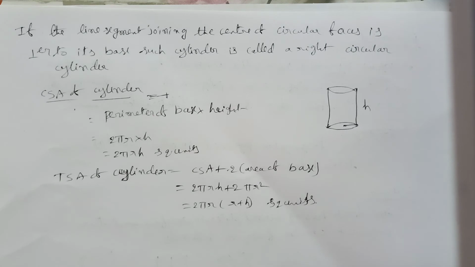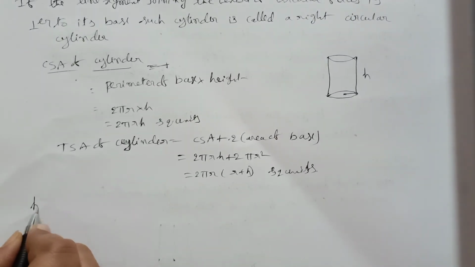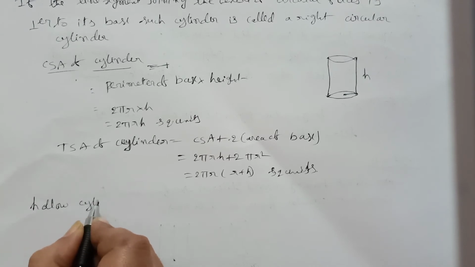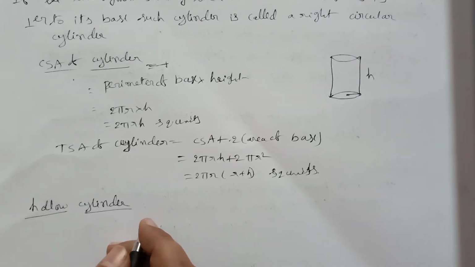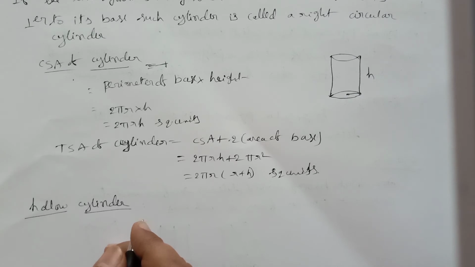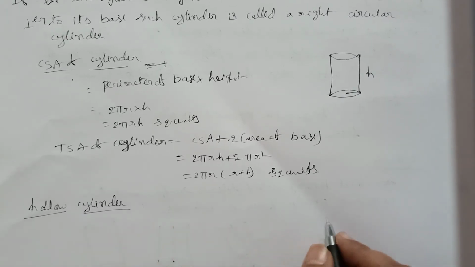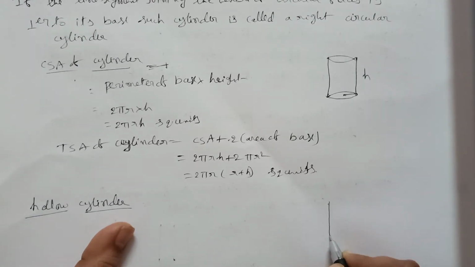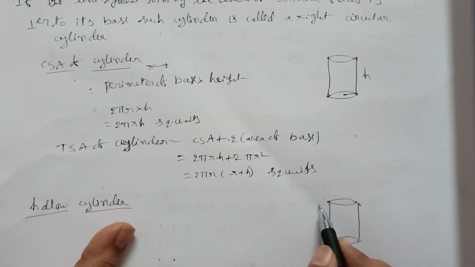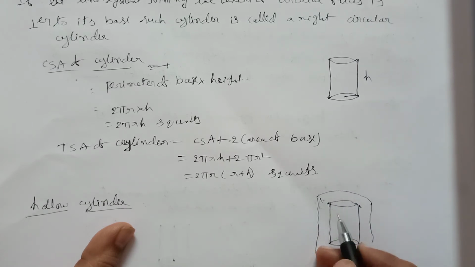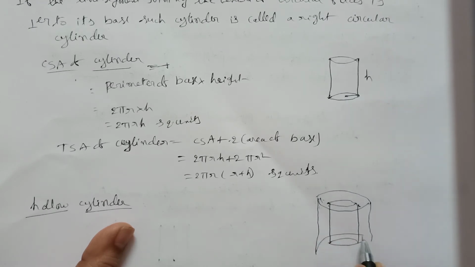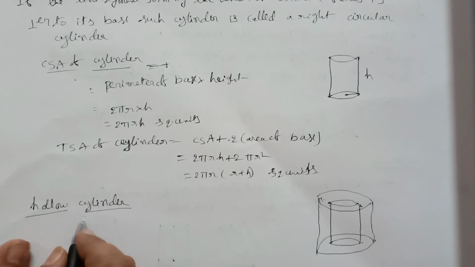Next, what is a hollow cylinder? A solid bounded by two coaxial cylinders of the same height but with different radii is called a hollow cylinder. So how to define the hollow cylinder?